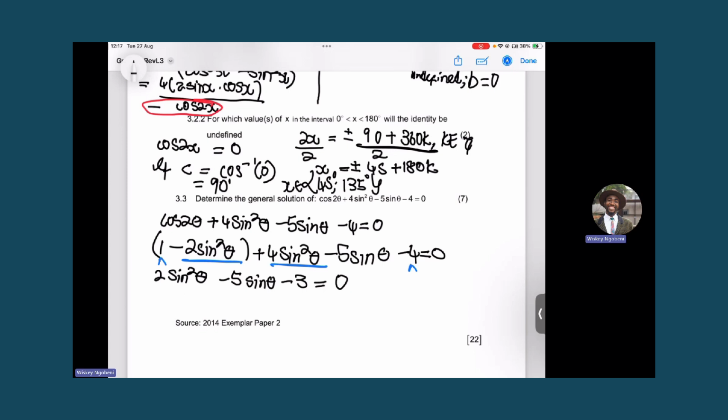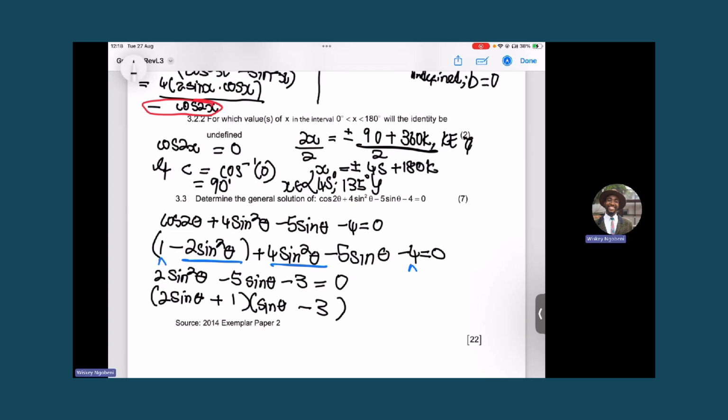So you're definitely going to have a 2 sine theta and then a sine theta as we factorize. Now we're going to find factors of 3 or -3, but we want to get our -5. So I'm going to put -3 here because that will give me -6, and then I'm going to put +1 here because that will give me +1.